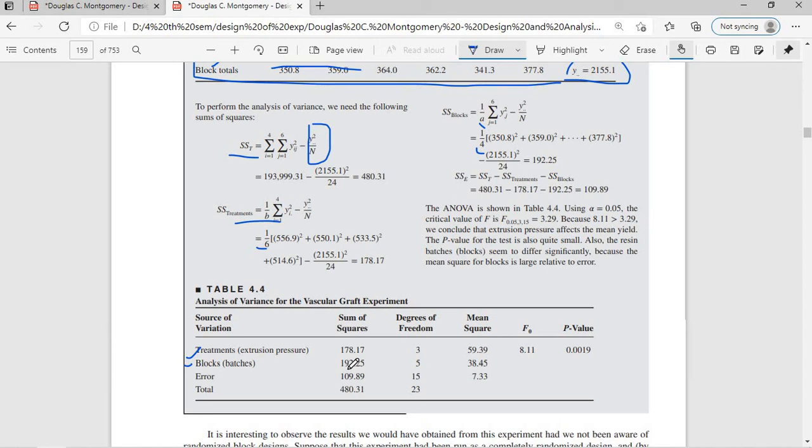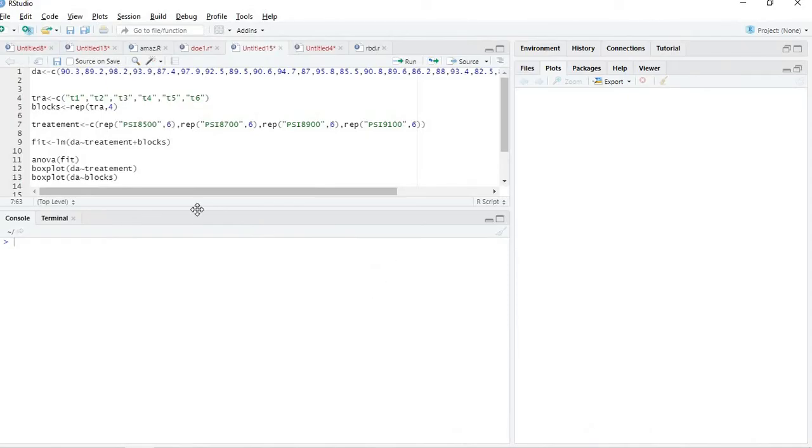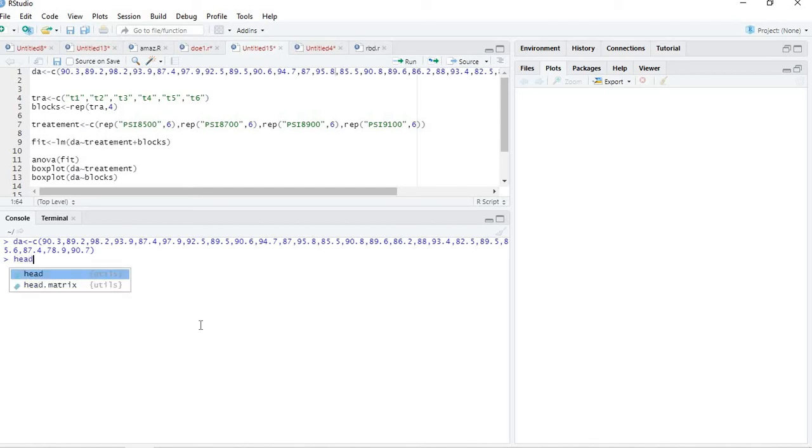Now we will see the same thing in our software. This is our software, and this is our data. I already wrote the data. Now I am storing my blocks. This is my block variable.